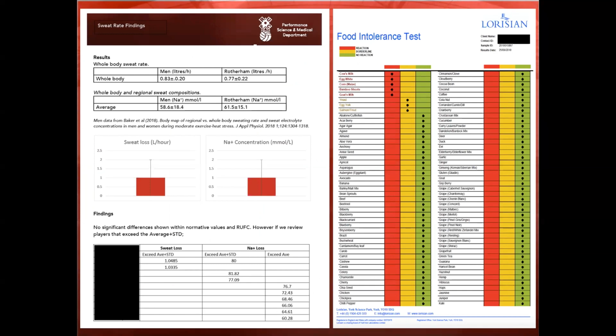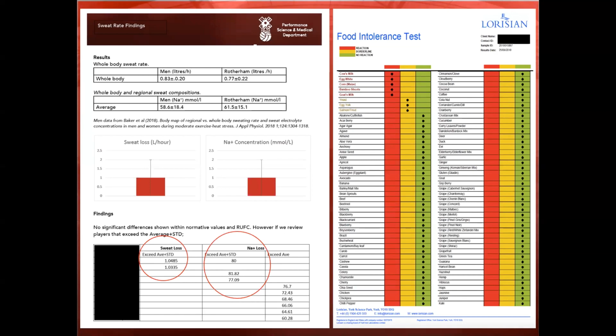So first, we conducted an in-house study looking at sweat rate within our players using sweat patch testing. And from this, we've been able to take an individualised approach to hydration strategies. The first study highlighted the players that tend to be the heavy sweaters, those that lose a significant amount through sweat loss, but also those that lose a significant amount of sodium through the sweat as well.